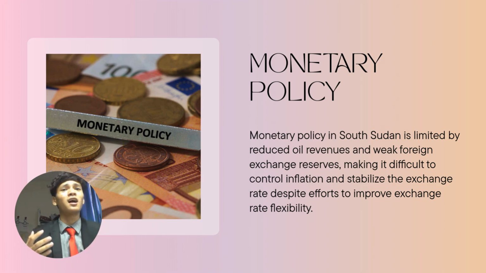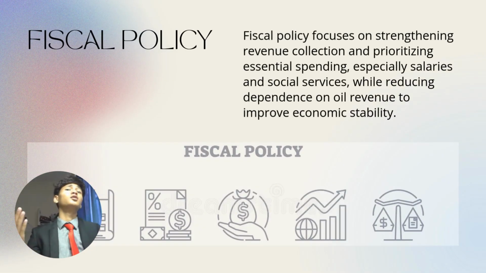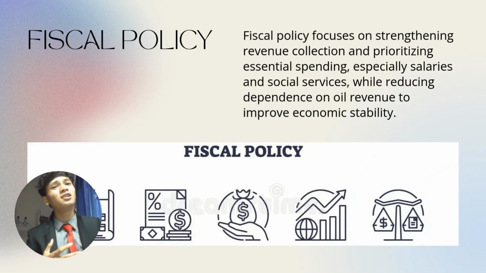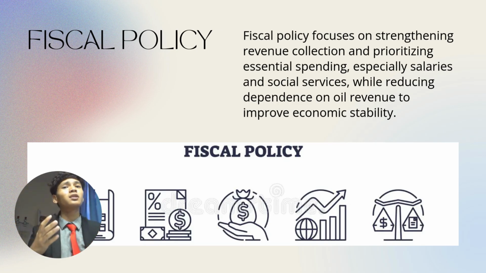This makes it hard to control inflation and stabilize the exchange rate. South Sudan's fiscal policy focuses on collecting more revenue and spending on important needs like salaries and social services, while reducing dependence on oil income.